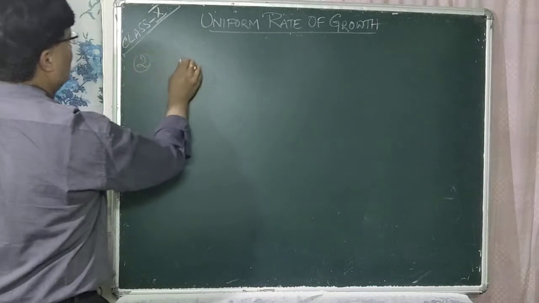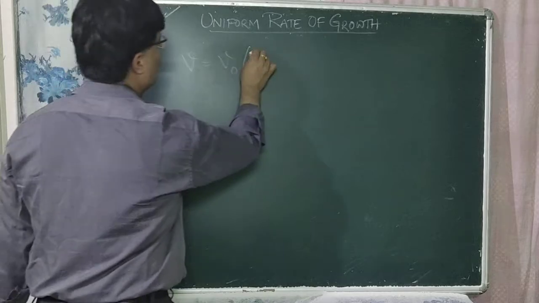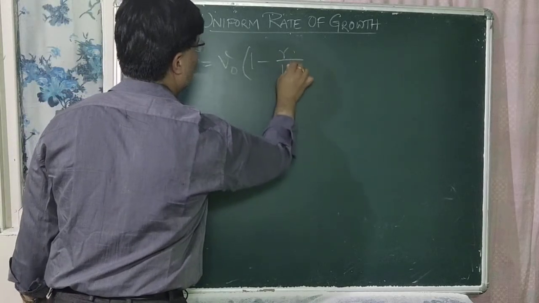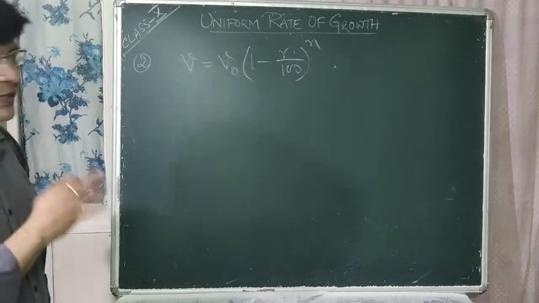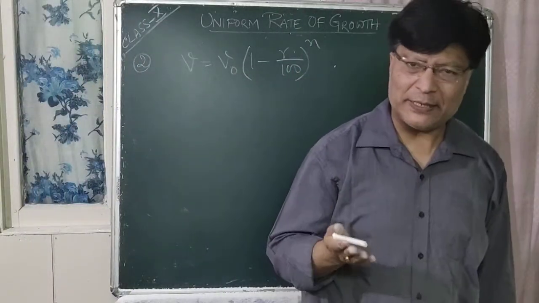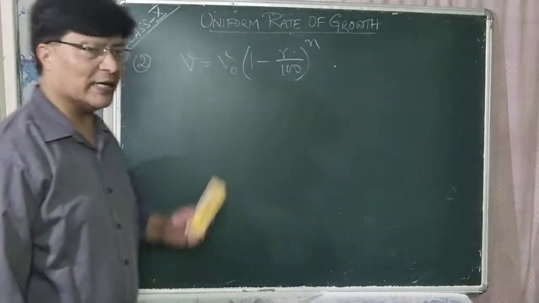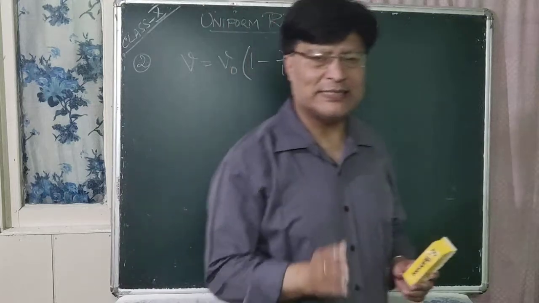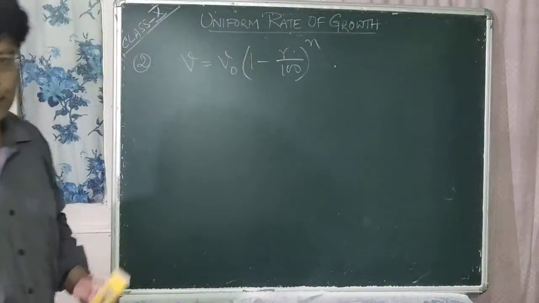Number 2 will be V is equal to V0 within bracket 1 minus R upon 100 whole to the power N. Suppose in this case, the value of a machine decreases every year at a constant rate R percent. In this case, the value of a machine decreases every year at a constant rate R percent.